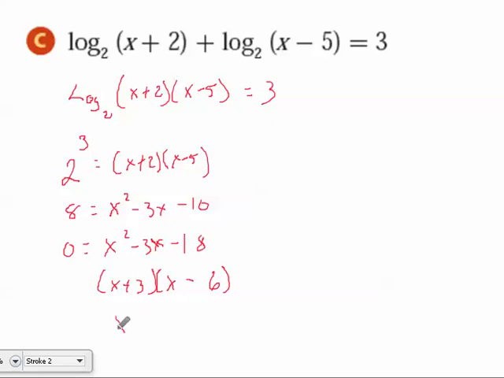So that means that x is equal to negative 3, or x is equal to 6. That's all we're looking at. You can see how converting it back to an exponential form helped me. I used one log property here to make certain that I multiplied these together so that when I did convert it back to an exponential form, it gave me something I could factor. And once factored, I got values for x.